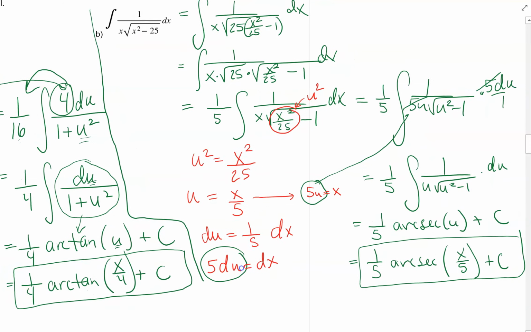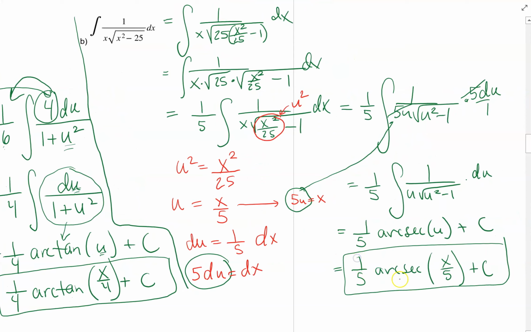For B, you should end up with 1/5 arcsecant of x over 5. Oh, I should put that in absolute value. Put your x in absolute value to ensure that the values inside arcsecant stay positive. I got this by using a u substitution and factoring out the 25 that was under the square root.